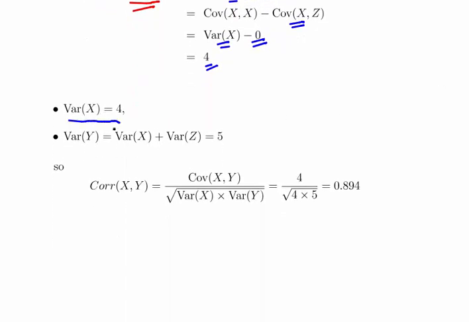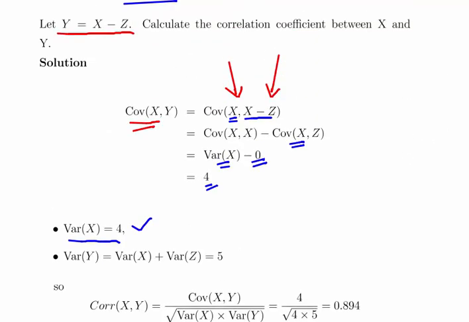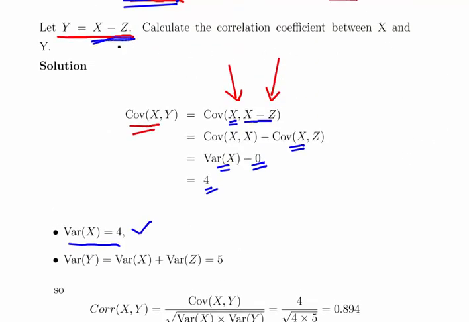Now we're told in the question that the variance of x is 4, so that part was straightforward. Now the variance of y is the variance of x plus the variance of z. This is a difference, x minus z, but when you want to find the variance of that difference, you add the variances of the two components.